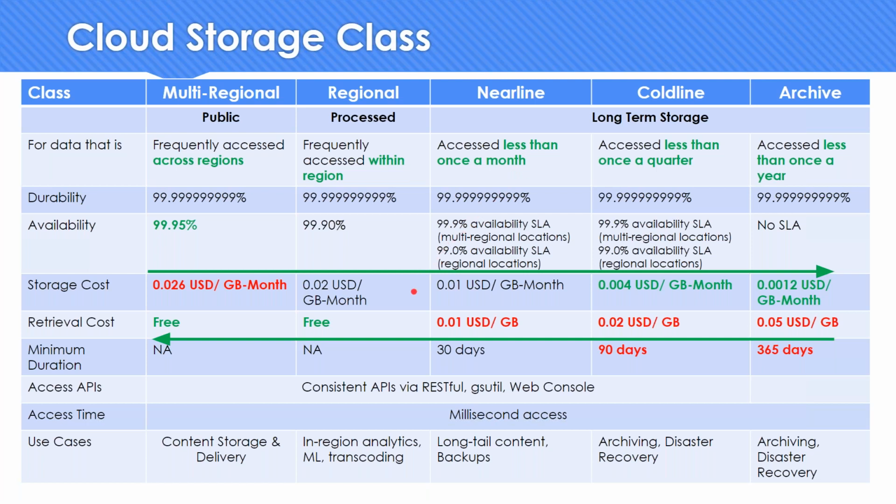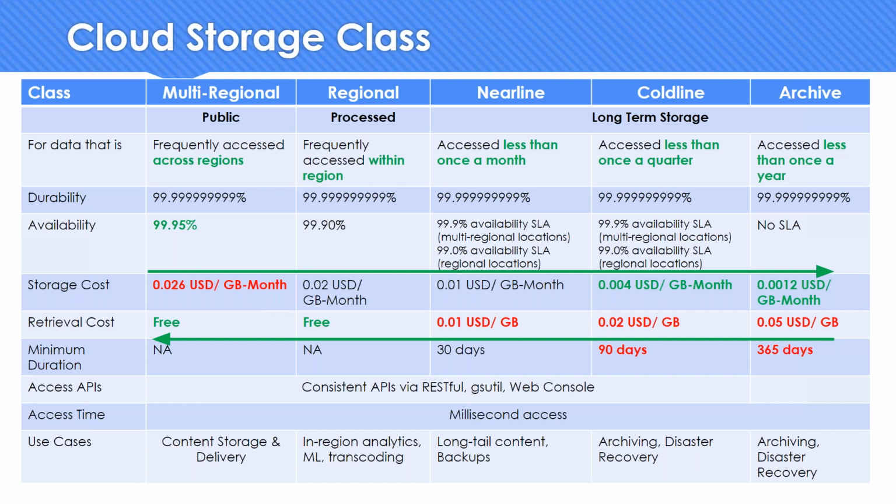And one of the important things which we figured out was whether it is multi-regional or regional or now called standard, there is no data retrieval cost. It is totally free. You can retrieve it n number of times, download the file, or view the object n number of times. You are not going to be charged.